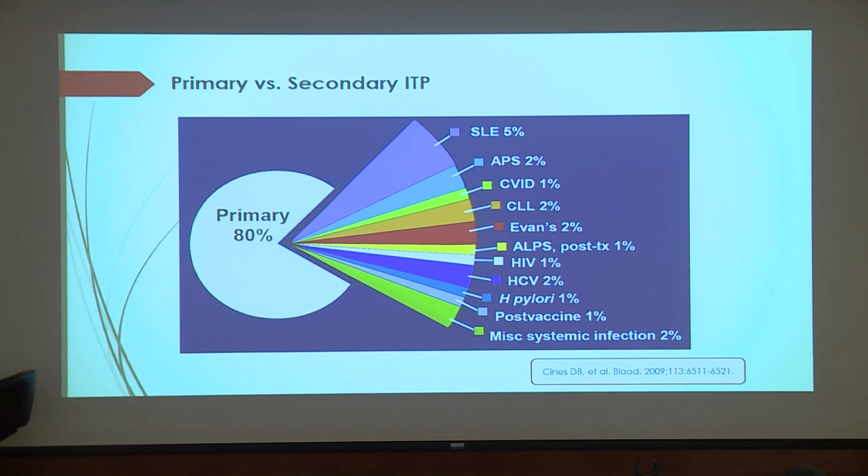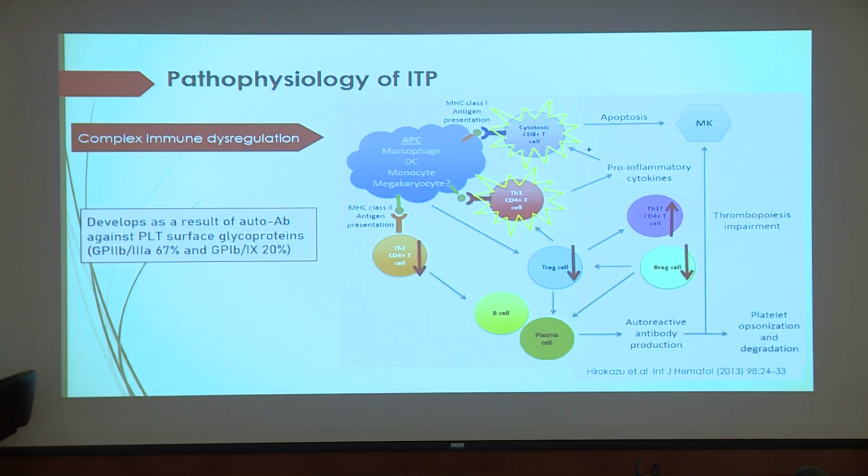As I said, primary ITP represents about 80% of the patients diagnosed with ITP according to many studies, and secondary ITP represents about 20%, of which SLE and CLL represent the most common types.